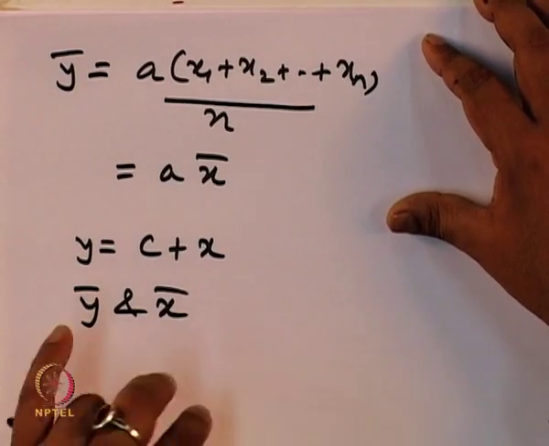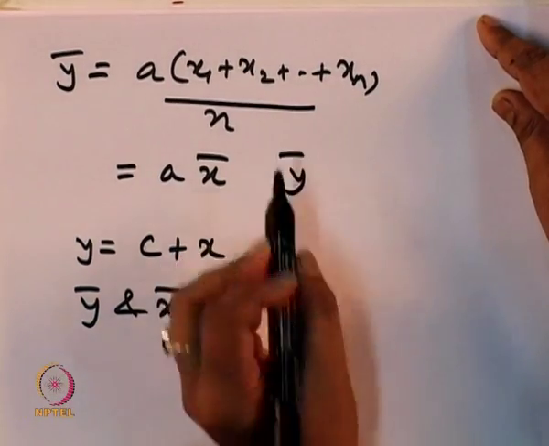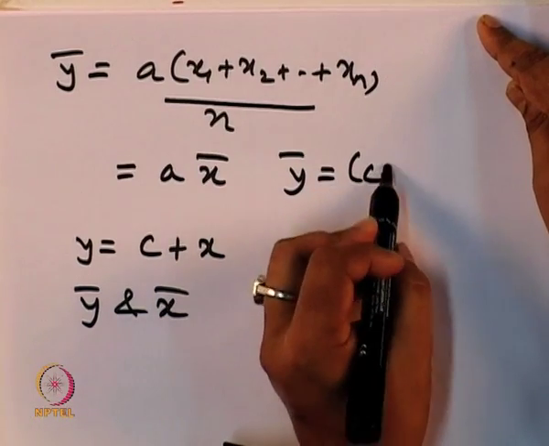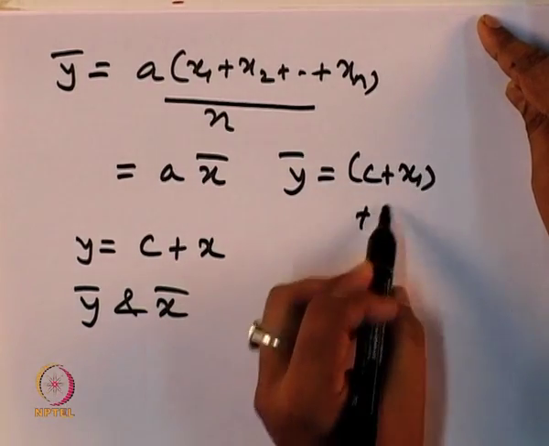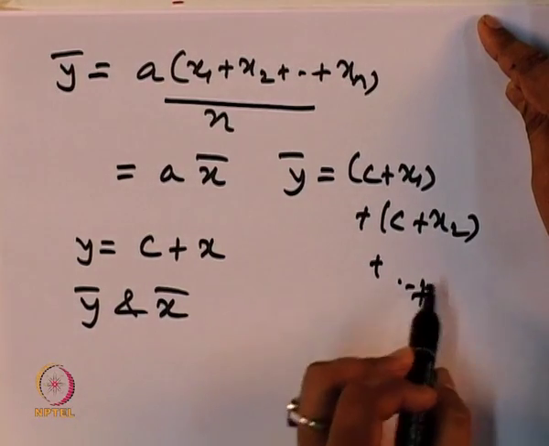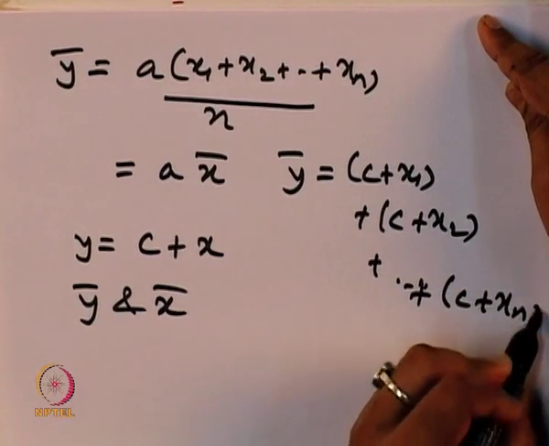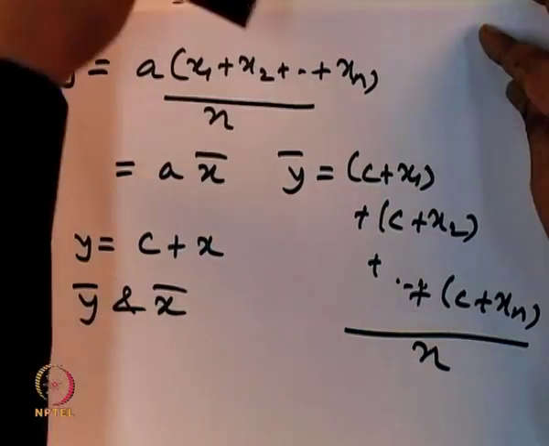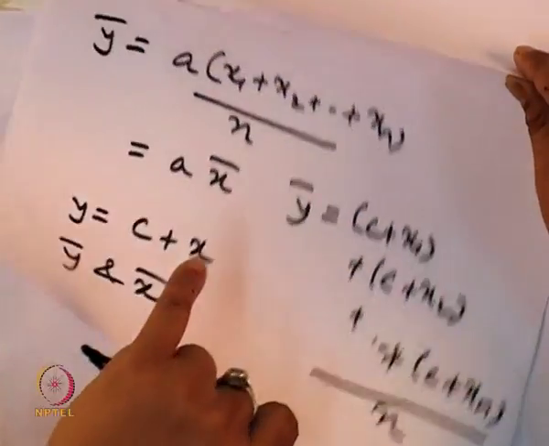So, you can do the same exercise, but y bar is now c plus x1 plus c plus x2 plus c plus xn by n. Okay.